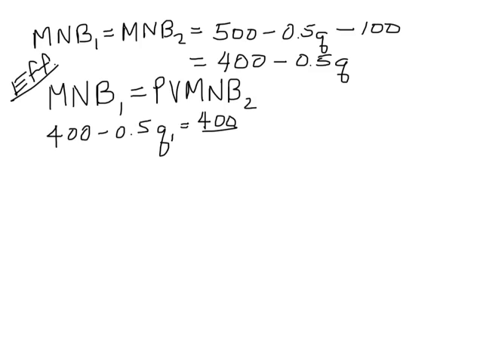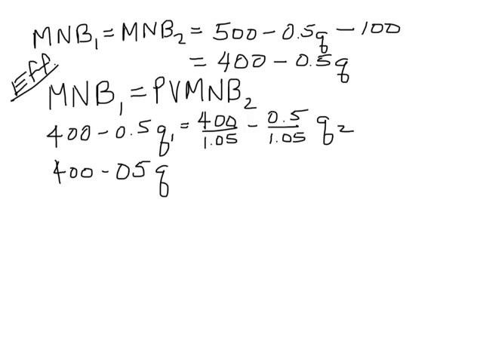So that's 400 divided by 1.05, because 5% is our discount rate, minus 0.5 divided by 1.05 times Q2. We're just dividing the whole marginal net benefit function by 1.05. Just to make that look a little better, 400 minus 0.5 Q1 equals, getting my calculator out, and by the way, I found out what my error was in that long calculation of surplus.